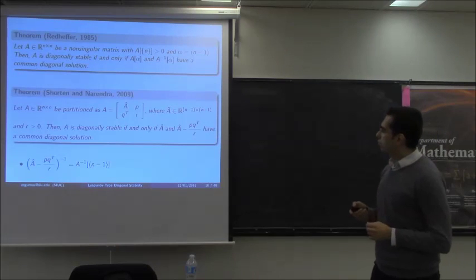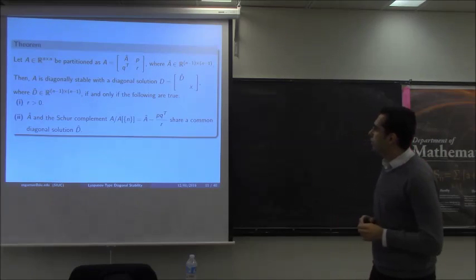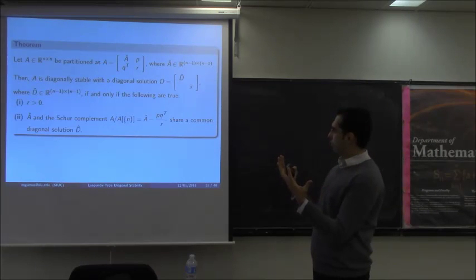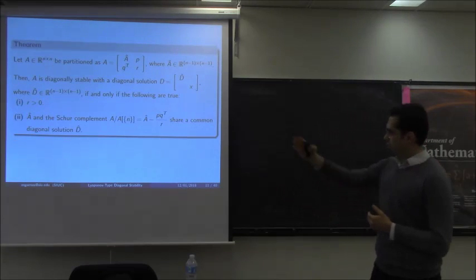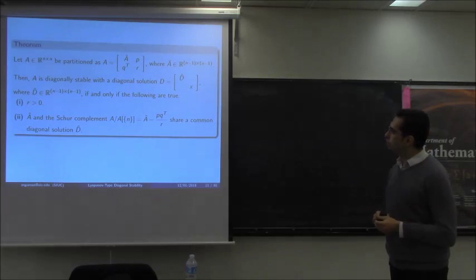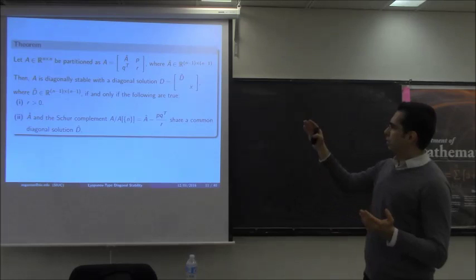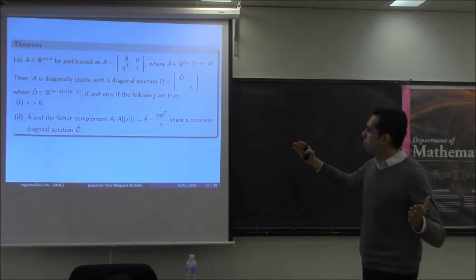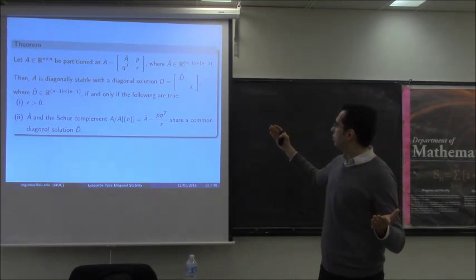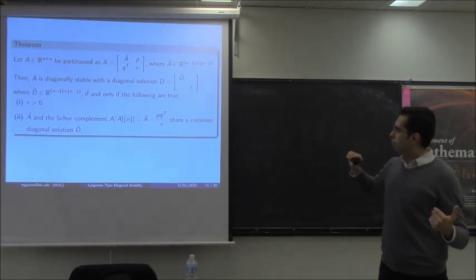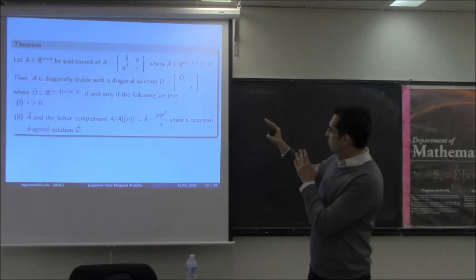Now, we also re-examined this theorem here. We slightly improved the statement by introducing the Schur complement. Let me just read the statement here. Now, A is diagonally stable with a diagonal solution D, D hat and X. One of the things is how we write this diagonal solution here.